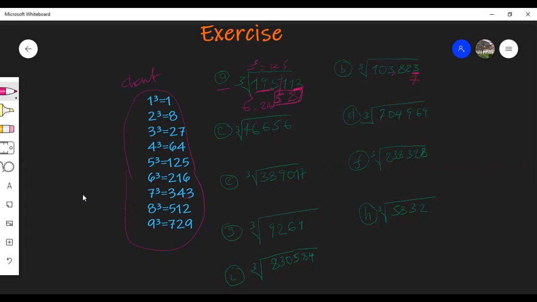And then you come to 103. 103 lies between 4 cubed and 5 cubed. The thing is that 103 is not yet 125. So you just put that as 4 here, and the cube root for 103,823 is 47. Amazing, yeah?